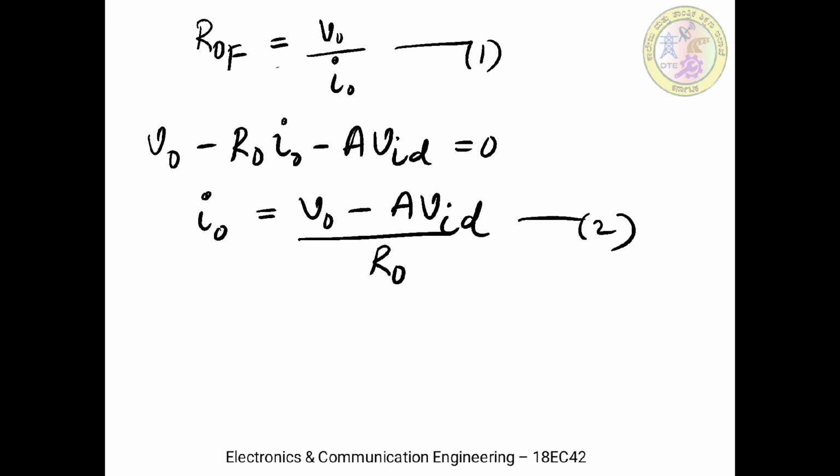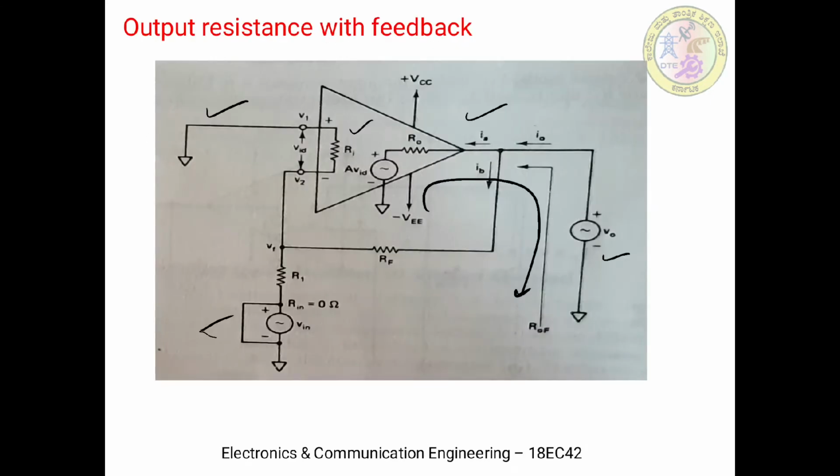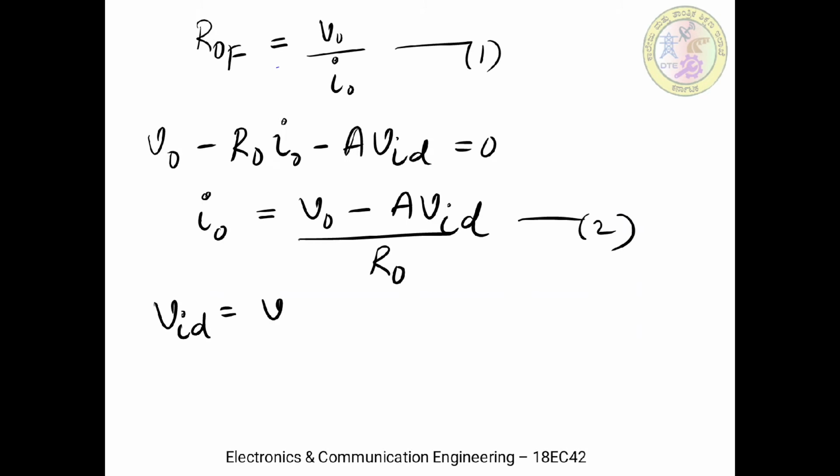Here we know that VID appears between V1 and V2, so it is equal to V1 minus V2. But in this case V1 is equal to 0, so 0 minus V2 is nothing but minus V2. V2 is nothing but the feedback voltage VF.